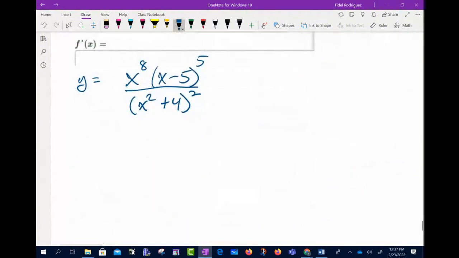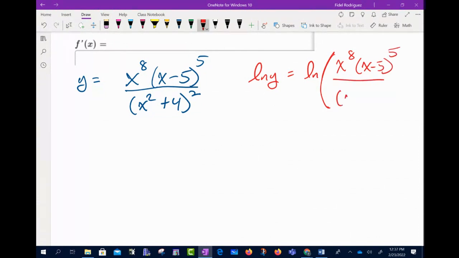So I'm going to have the natural log of y equals the natural log of all of that, x to the 8th, x minus 5 to the 5th, all over x squared plus 4 all squared. Okay, so step number 1 says we're taking the natural log on both sides. That was my step 1.